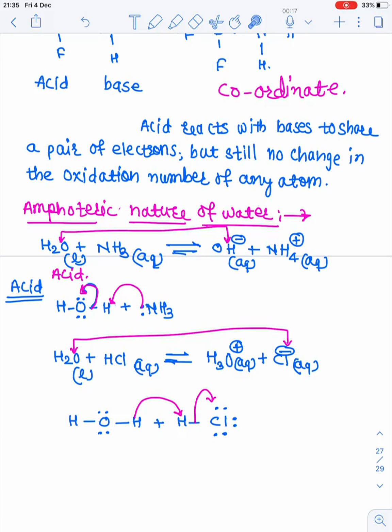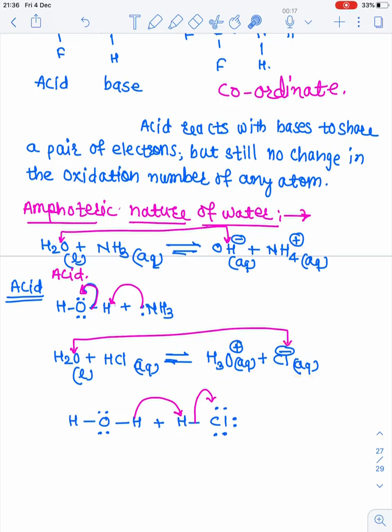Now if we consider another example or another reaction, then it is the H2O molecule plus HCl. Okay, H2O liquid plus HCl aqueous medium, so it will give the H3O positive ion, and here the Cl negative ion will be there.